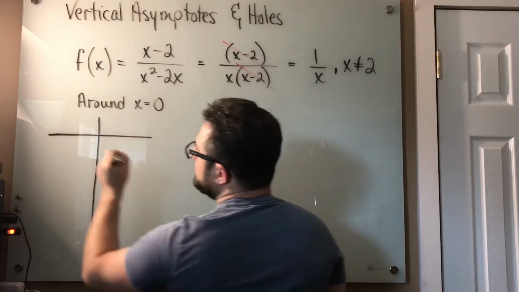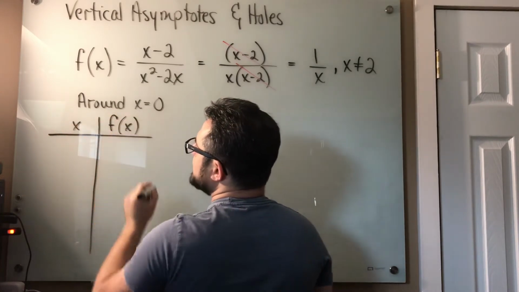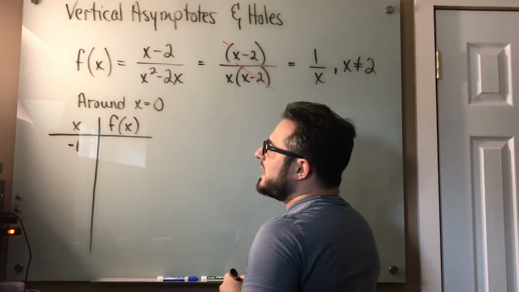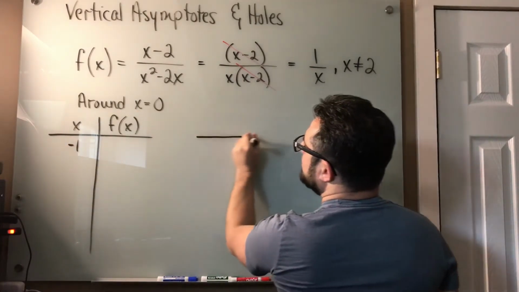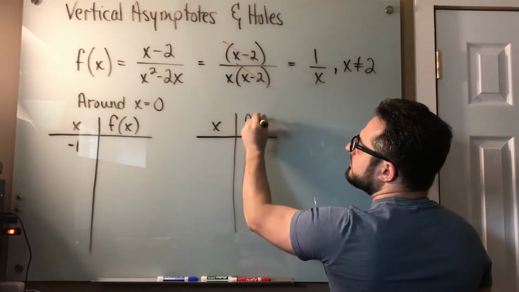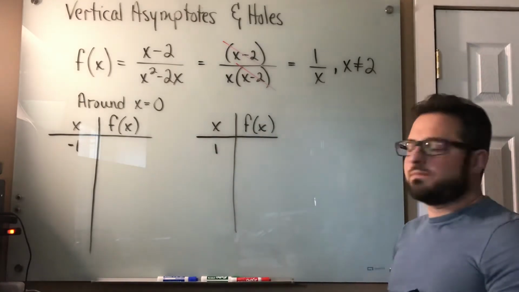So what I'm going to do is build a table of values for the function. I'm going to use -1, and then over here I will use +1, just like I did on the number lines.